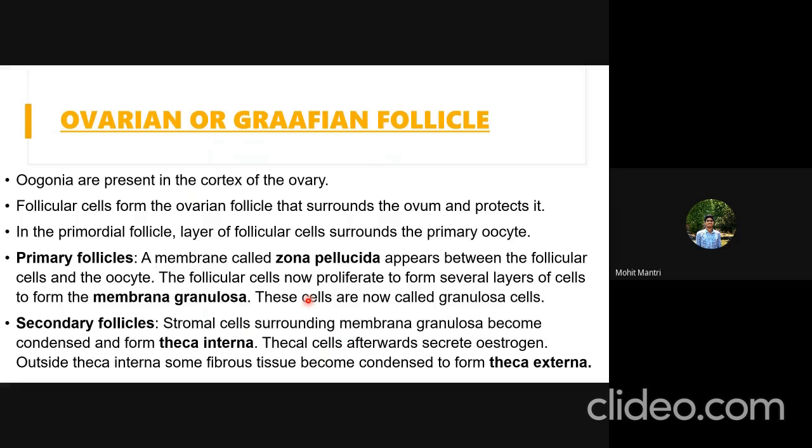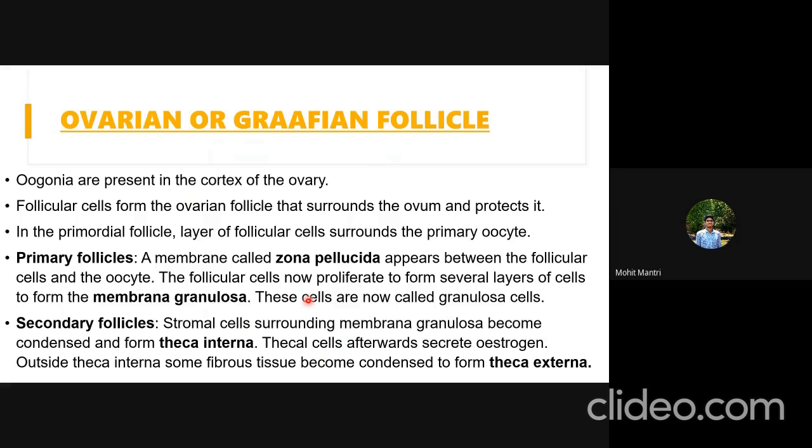Now, since estrogen is also released by the thecal cells, the increased amount of FSH and estrogen will promote LH receptors on the surface of the follicles, and when LH is also released, estrogen and a high level of LH will cause proliferation of thecal cells, and only one follicle will get fully mature each month.